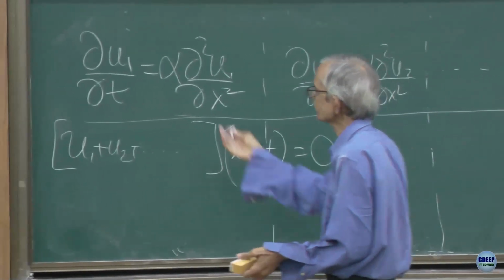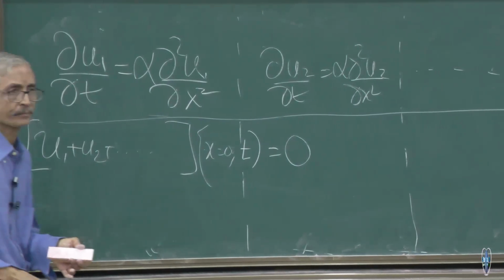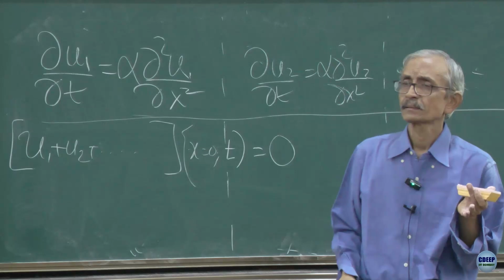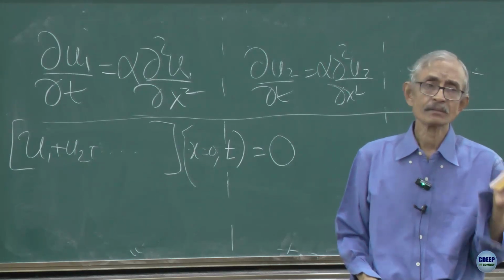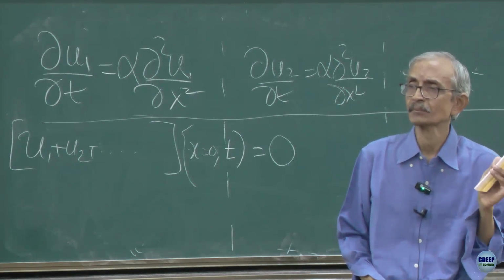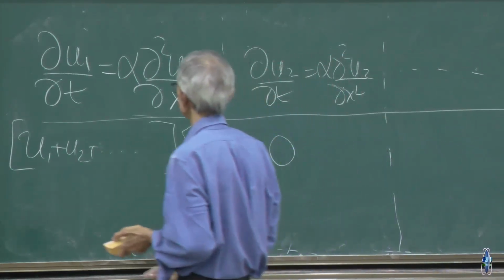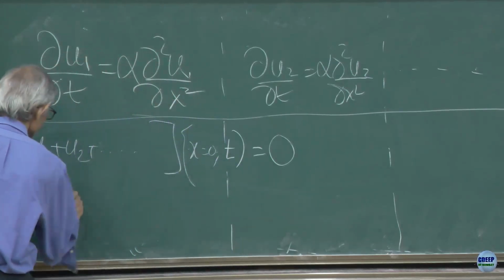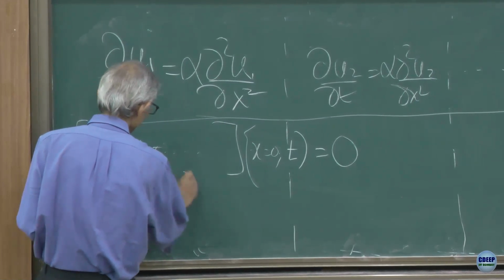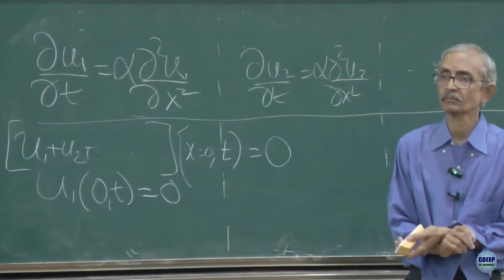So what can I say about the u1 at x equal to 0 and all times? Something we have done in the past while using ODEs. What can I say about it? Can I just say that u1 at x equal to 0 and all time is equal to 0? Can I make such a statement?